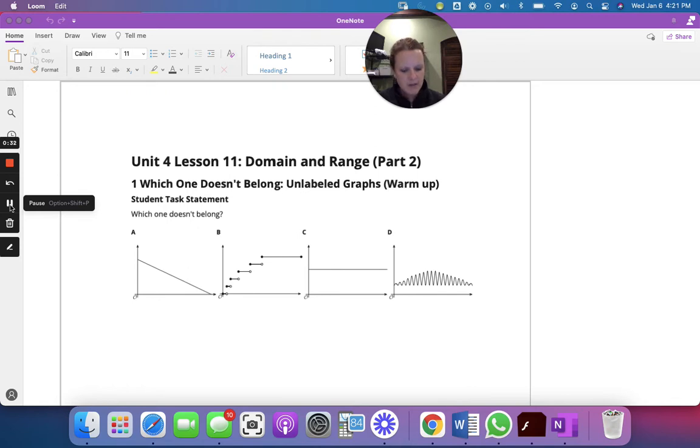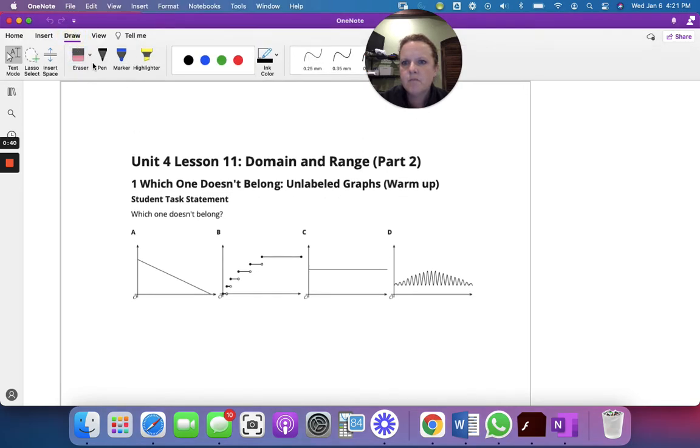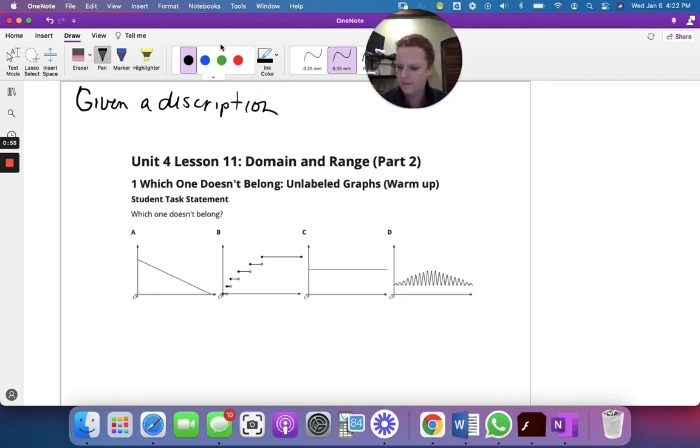So we are still looking at domain and range, and the goal today is: given a description of a function that represents the situation, and you can write this down with me, right?